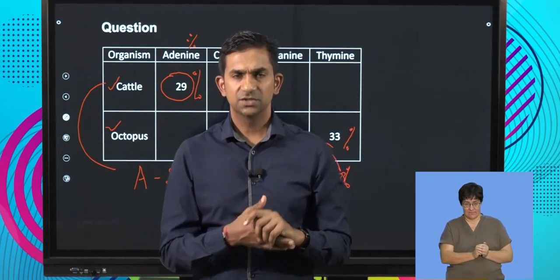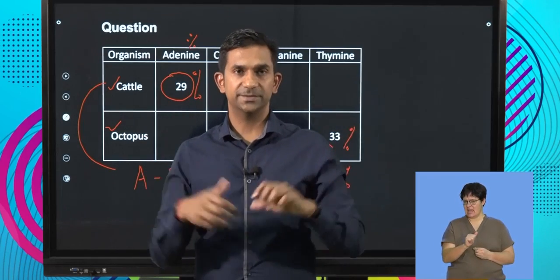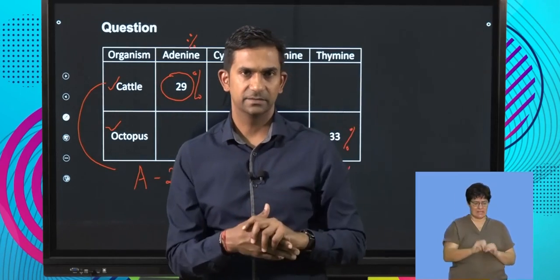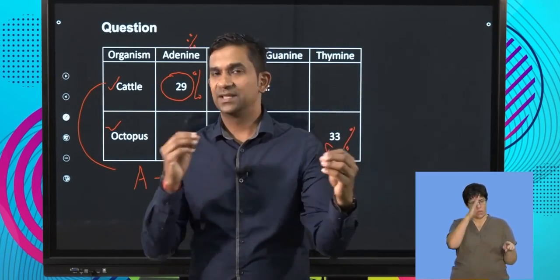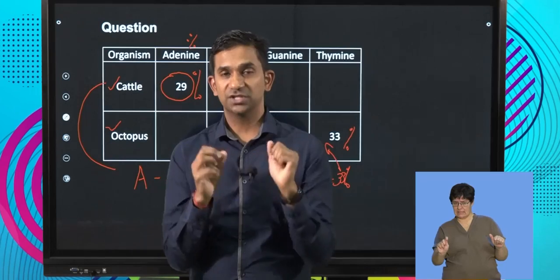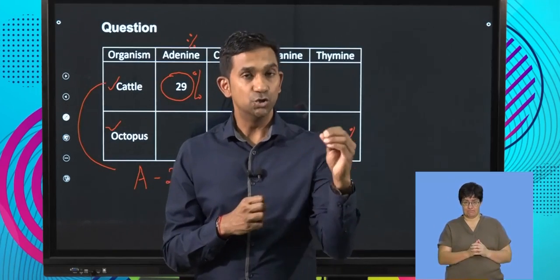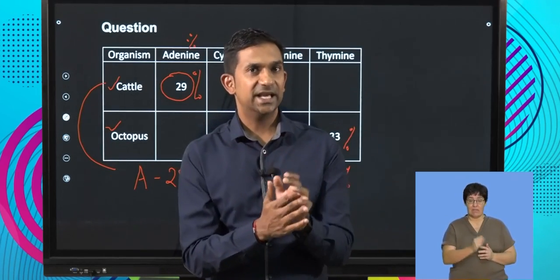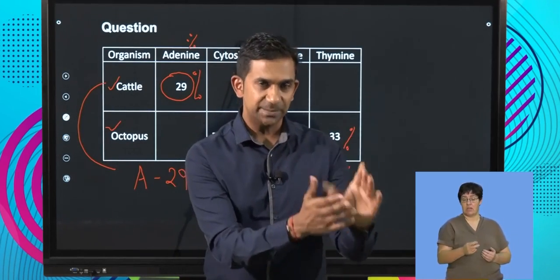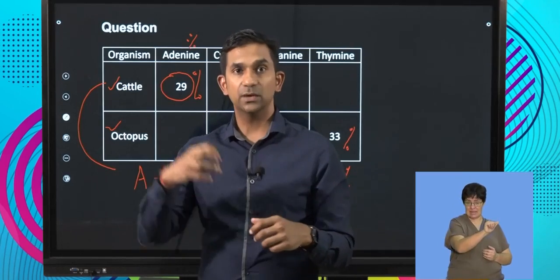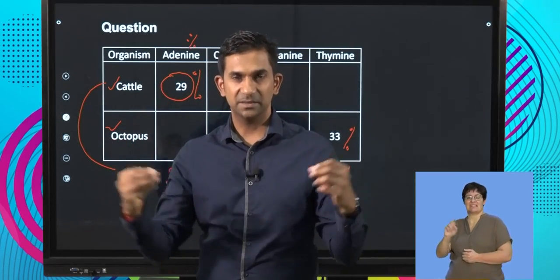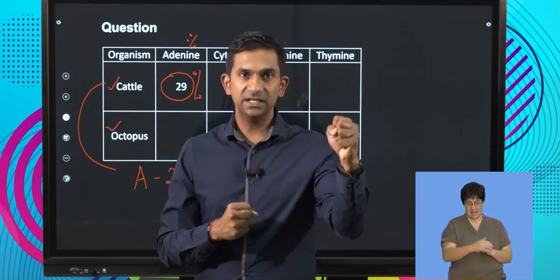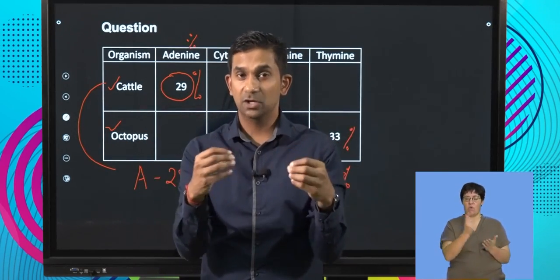So if we've got DNA that's made up of complementary base pairs, and they've given us a percentage of adenine, knowing that adenine and thymine are always proportionately equal, we can use that information to help us answer this question. So if DNA contains, for example, 20% adenine, it would mean that there would need to be 20% thymine. And that's purely from our understanding of the structure of DNA, that adenine and thymine are always complementary to each other.